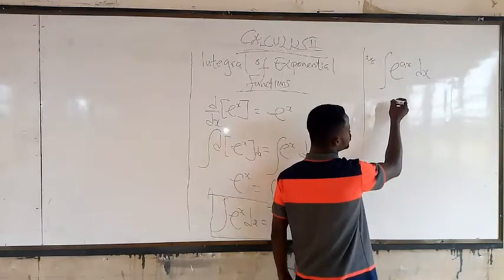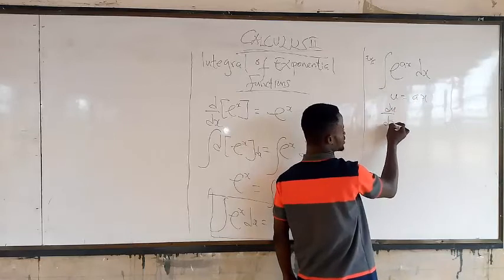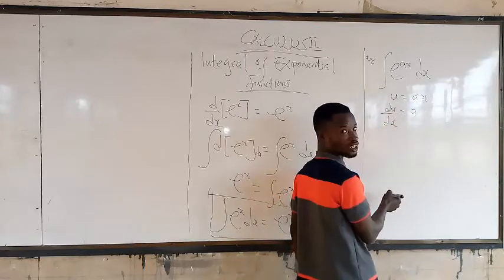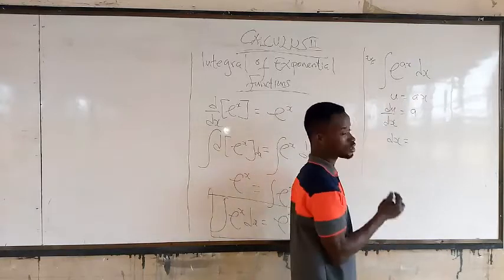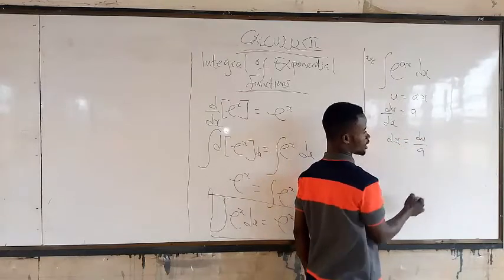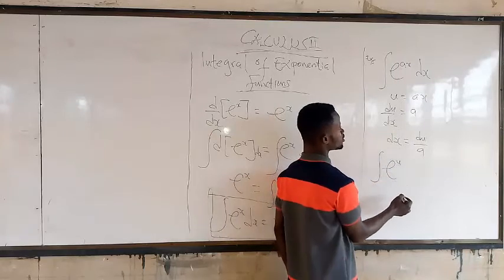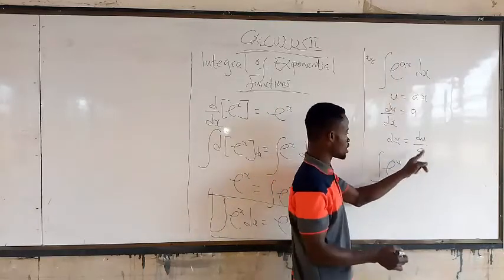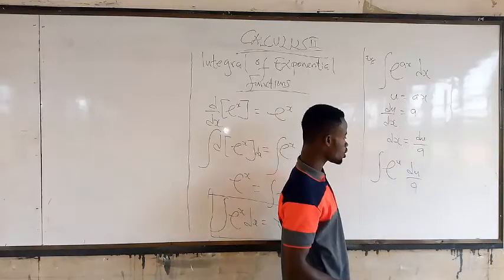So let's consider ax. You set u to be equal to ax, and when you differentiate this, you get a. Because we need to use substitution, ds is going to be equal to du over a. And when you do the substitution, you get e to the power u, then ds is du over a.